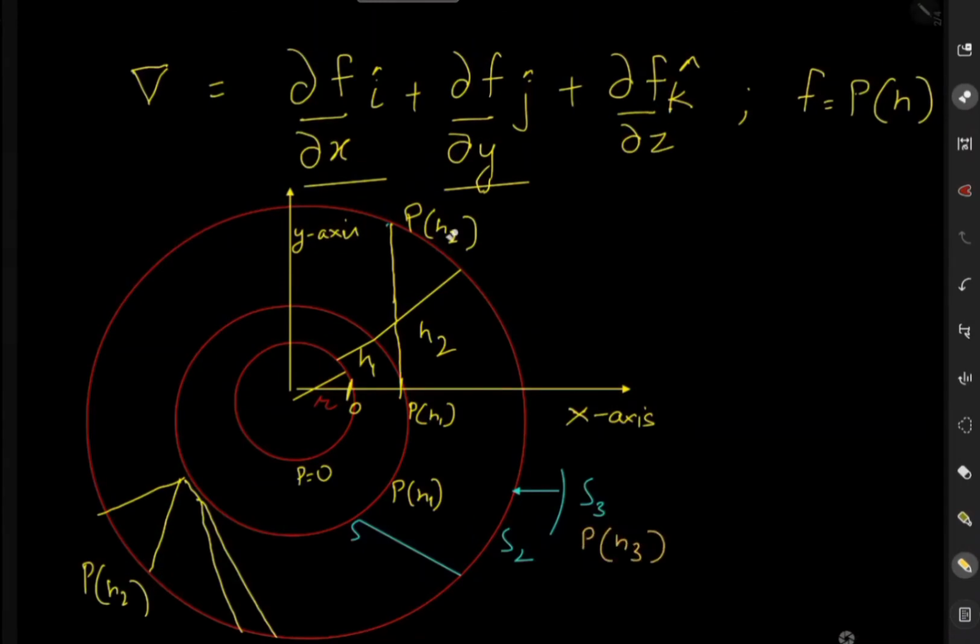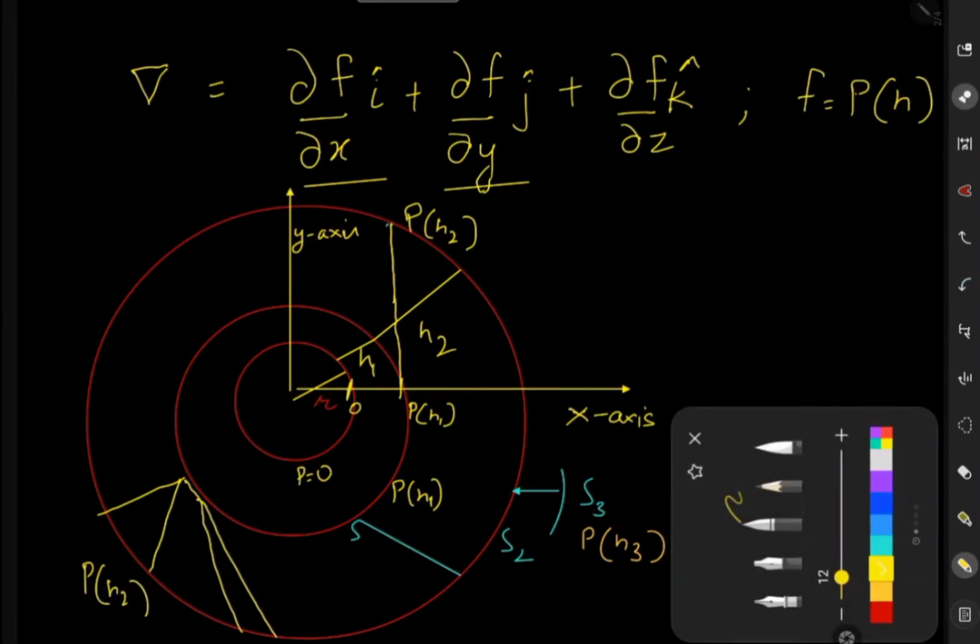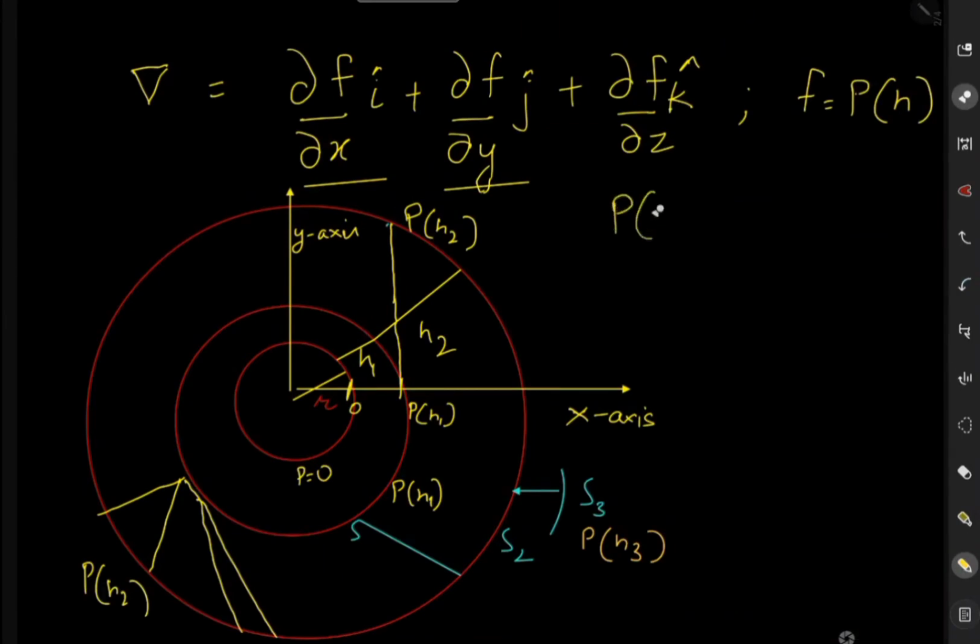So from P(h2) we move further in z direction, we reach another surface level where potential is P(h3). So P(h3) minus P(h2) is contributed by moving in z direction or k direction.